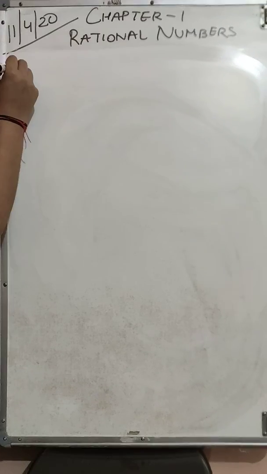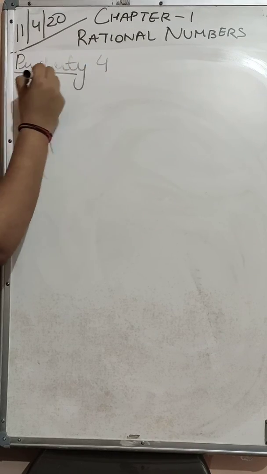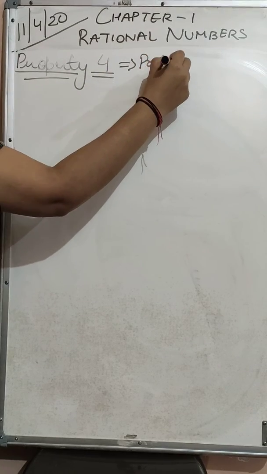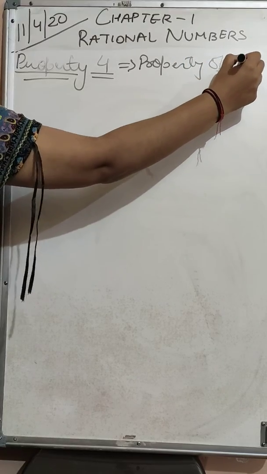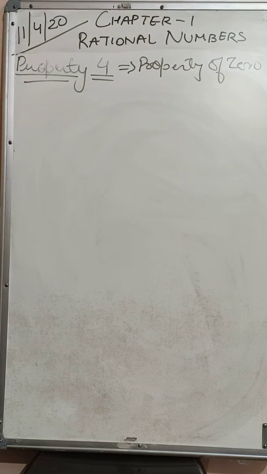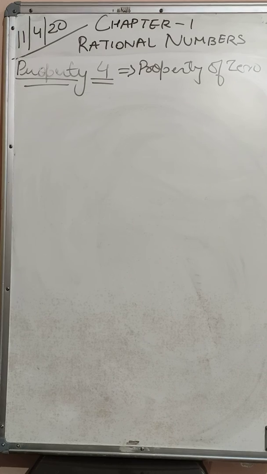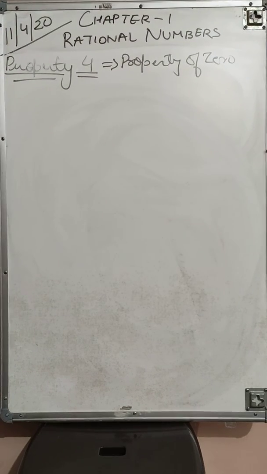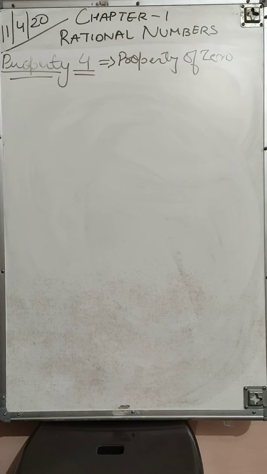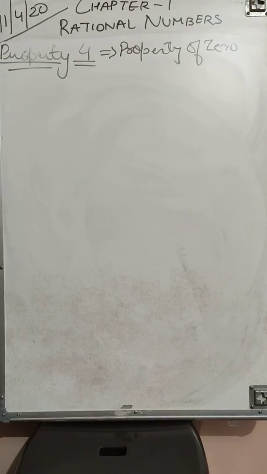Next property, property 4, is property of 0. What does this property mean?